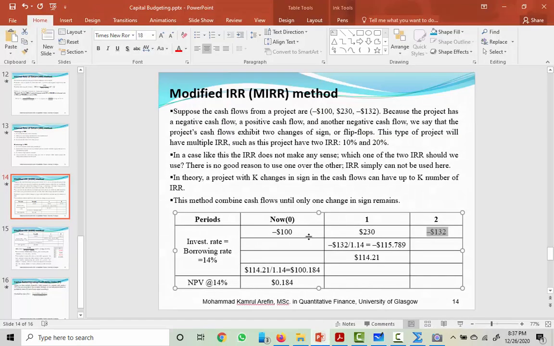Here we are assuming that if you deposit all cash flows generated from the project or from the business in the bank, you will get a 14% return.